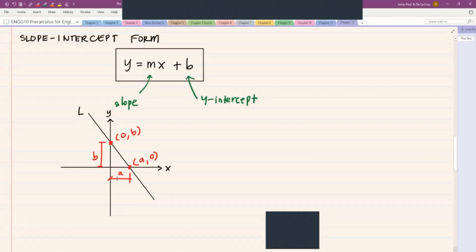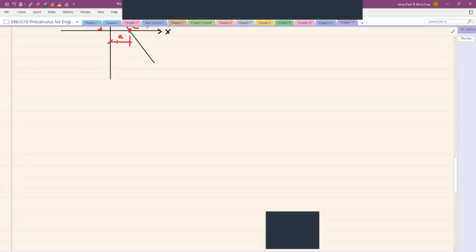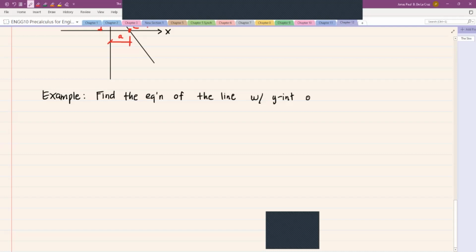Okay. So let's take a look at some example dito. Find the equation of the line with y-intercept of 2 and slope of 3/4.